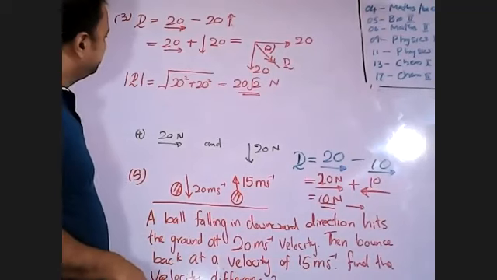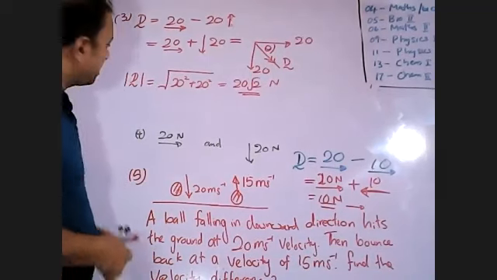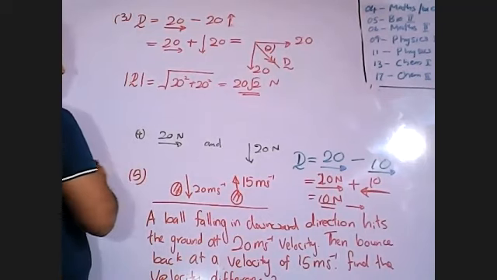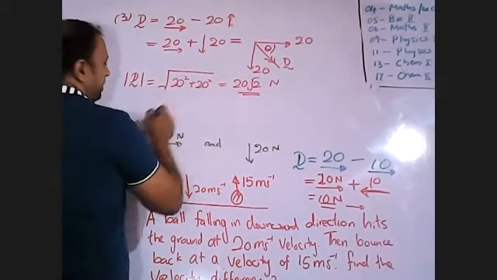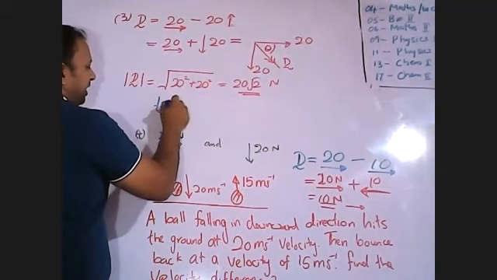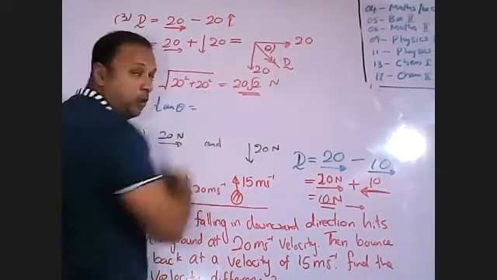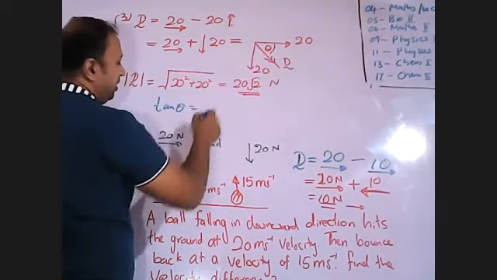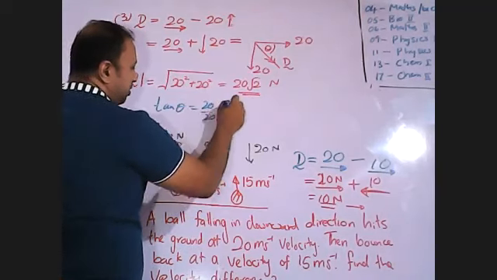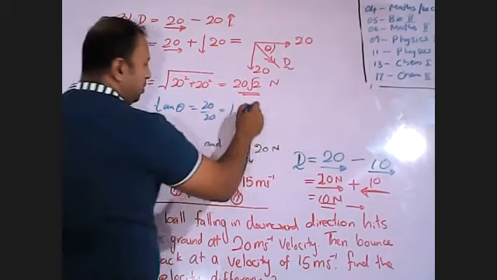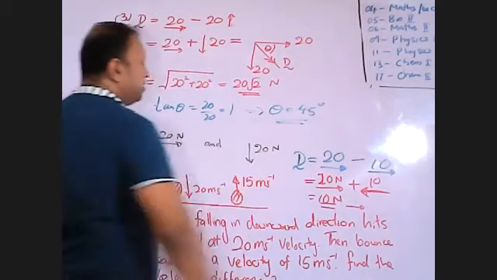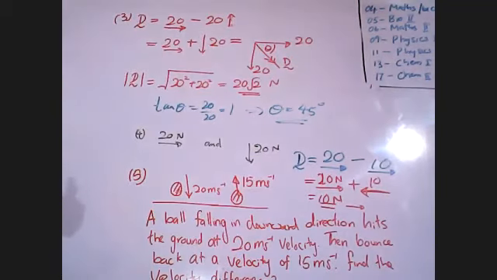Then the second thing, tan theta. Tan theta is equal to y over x. Y is 20, x also 20. 20 over 20 means 1. So theta should be equal to 45. Tan theta is 1.